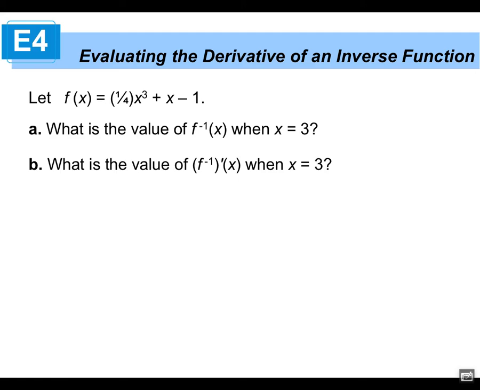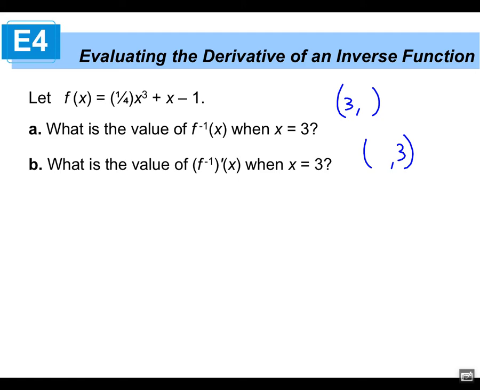Here's the first problem. The point on the inverse where x is 3. So in other words, on the inverse, I have the point (3, something). Which means that the point that I'm going to use to solve the problem is going to be (something, 3).